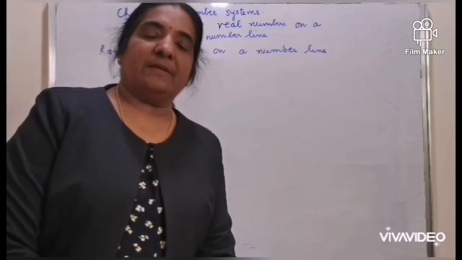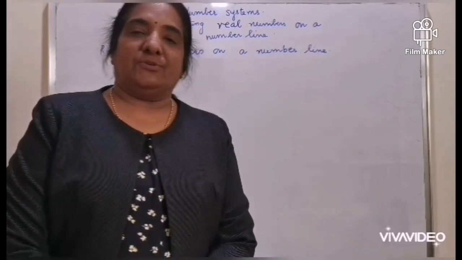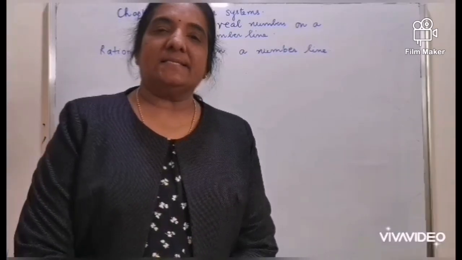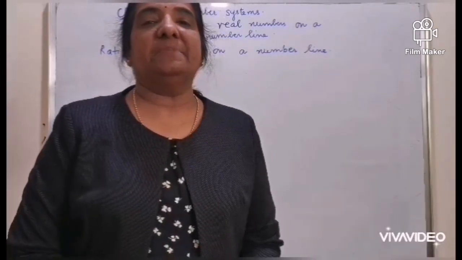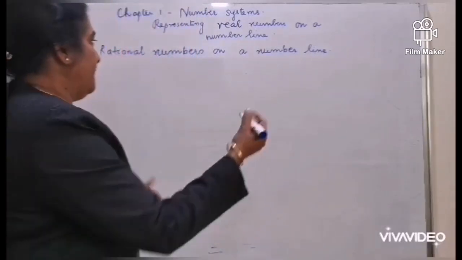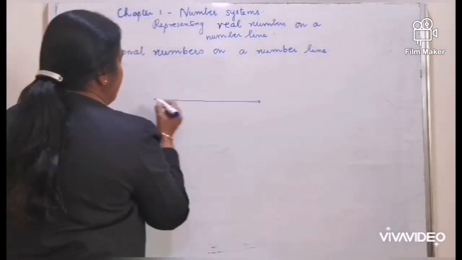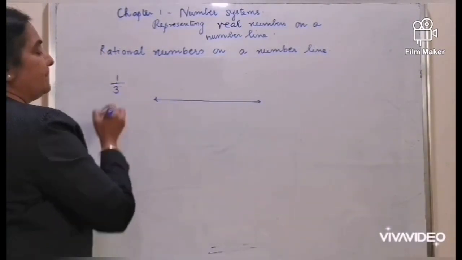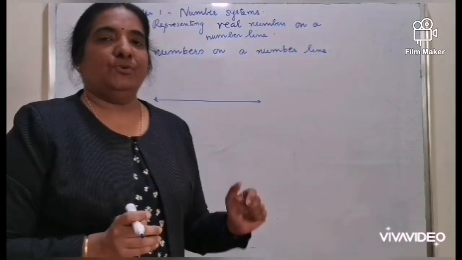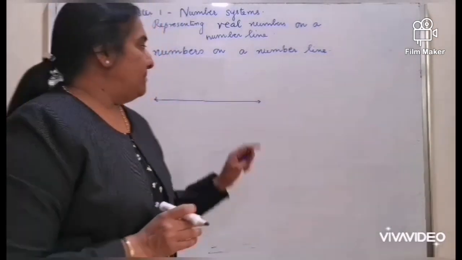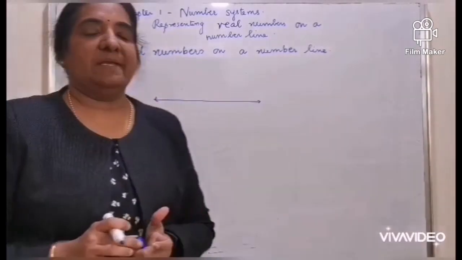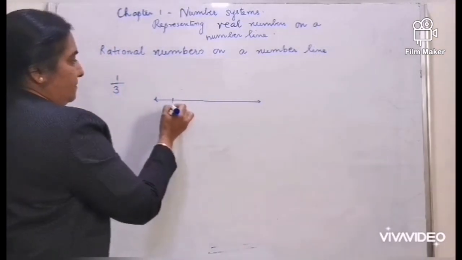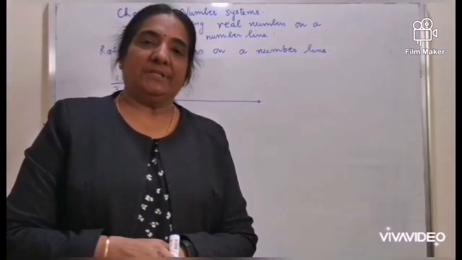After going through representation of natural numbers, whole numbers and integers on the number line, next is how to represent rational numbers on a number line. As an example, you are asked to represent 1 by 3 on a number line. You are drawing a number line. The arrow mark shows that the line can be extended on both sides infinitely. You are plotting the 0 point.